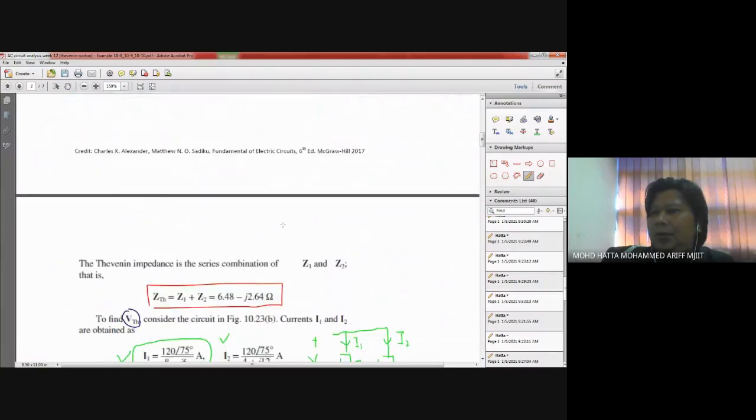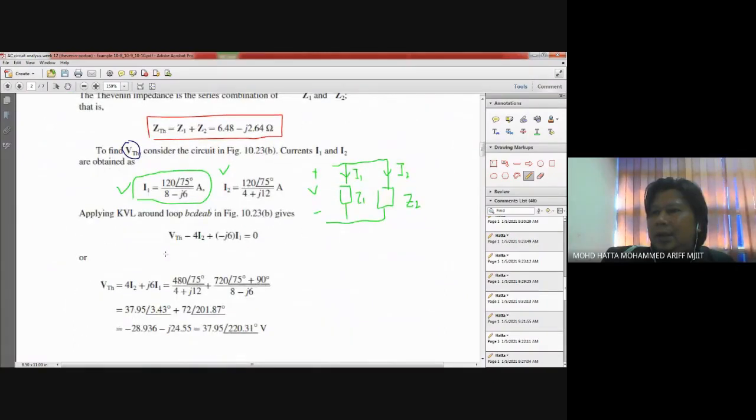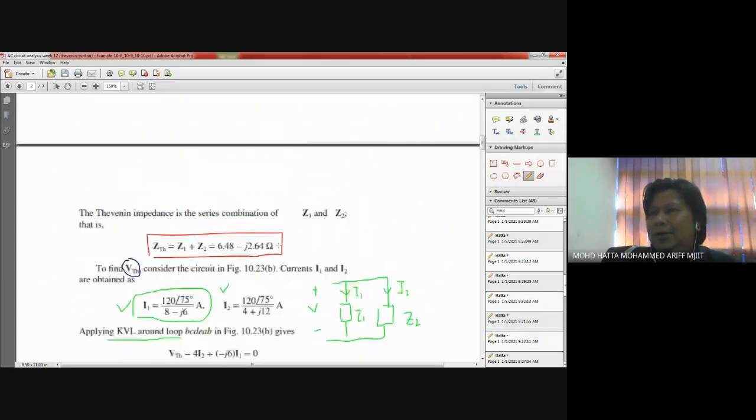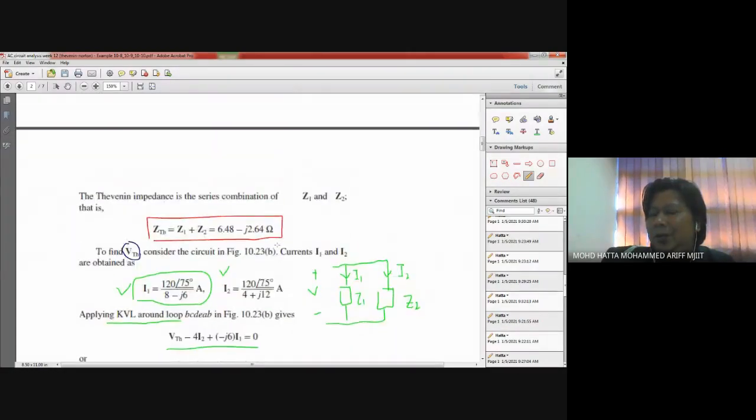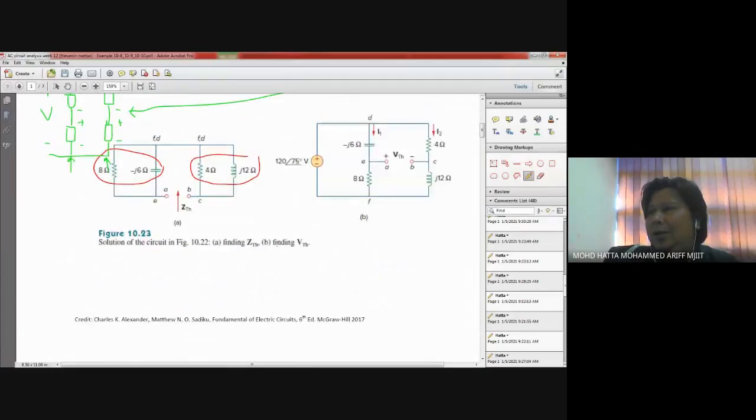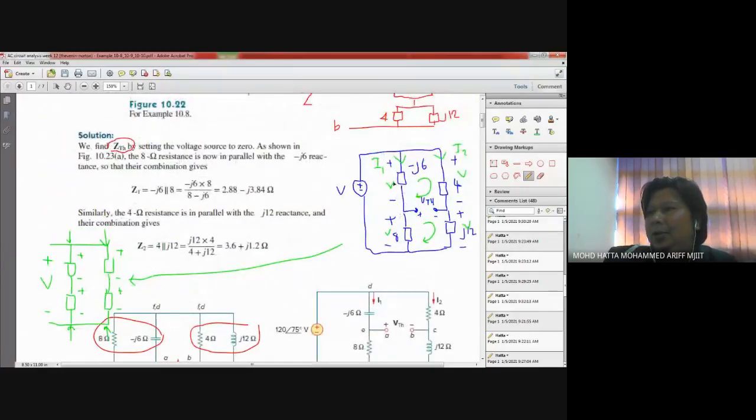And if you look at the next step, we try to apply KVL around the loop BCDEAB. I don't like that kind of notation. What I know is that I can use this voltage.